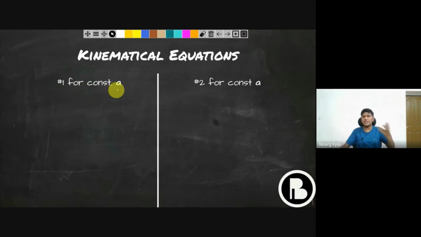Number one, for constant a. If a is constant, what was equation number one? It was v naught plus the integration from t naught to t of a dt. So if a is constant, that is, not a function of time. What do we mean by constant here? It is not a function of time, constant in time.